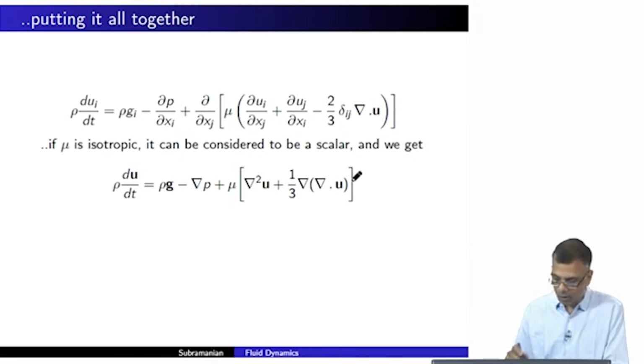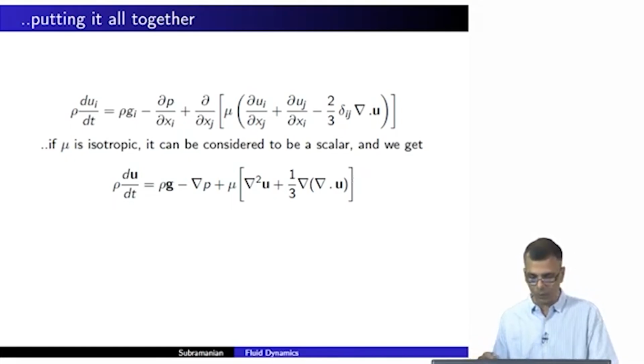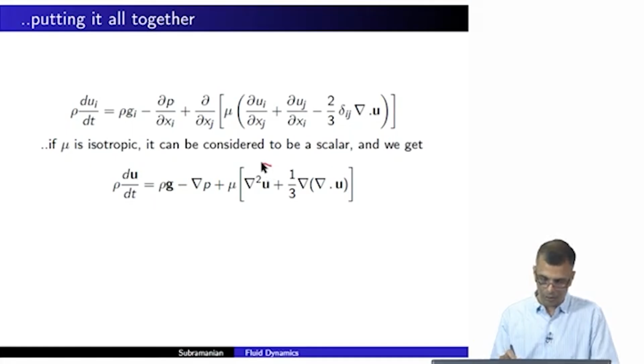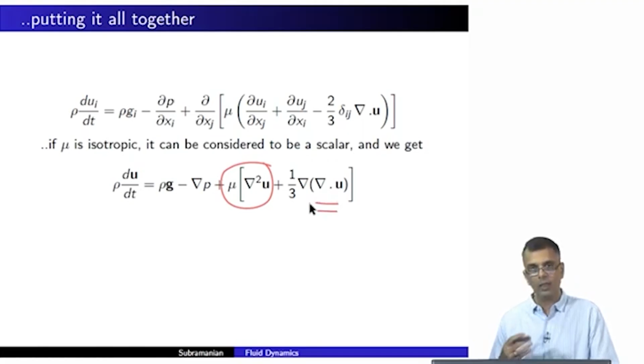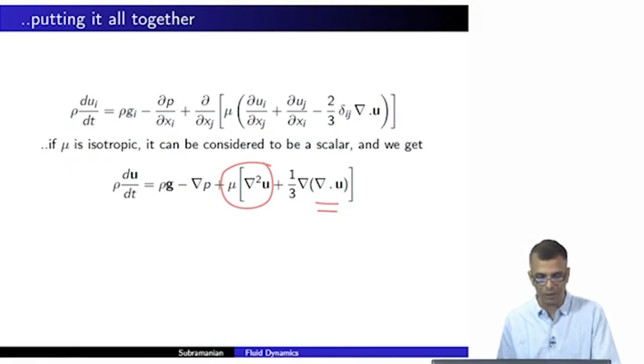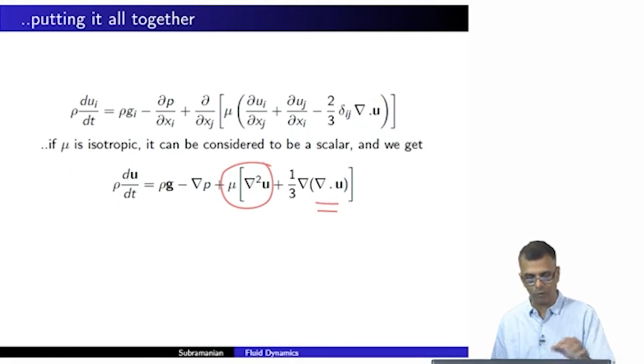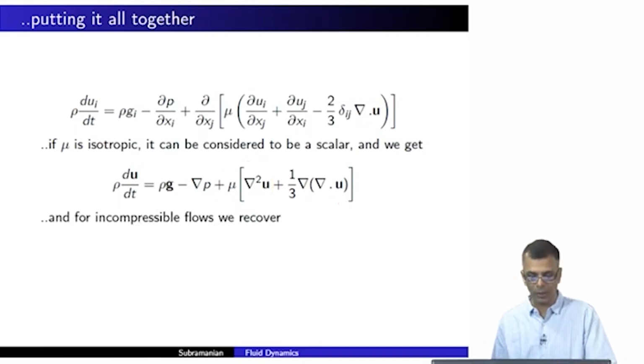This looks very similar to what we had written down a few slides earlier. The viscosity term looked just like this, and this was missing. This is what is called bulk viscosity. This is arising due to bulk viscosity, and you can write this down only if you consider this slightly more formal way of doing things.